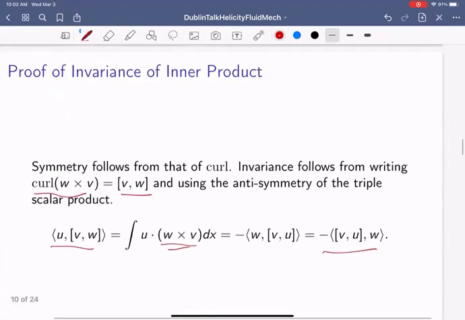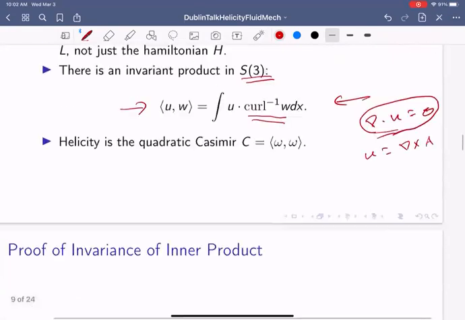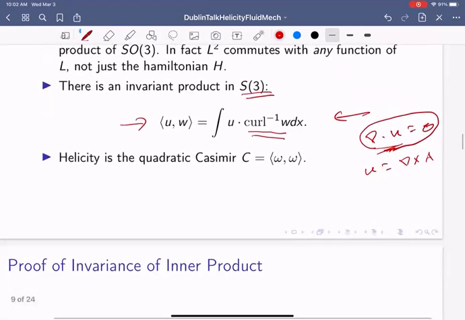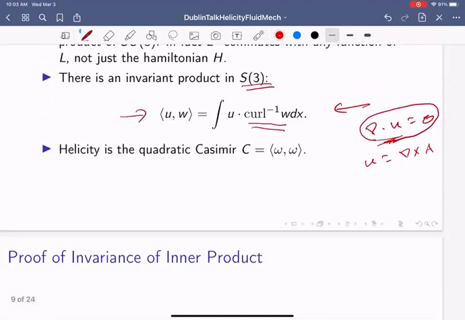In the same way, in the case of fluid mechanics, the Lie algebra of volume preserving diffeomorphisms has a natural inner product that does not determine any equation of motion, but it leads to a conserved quantity.